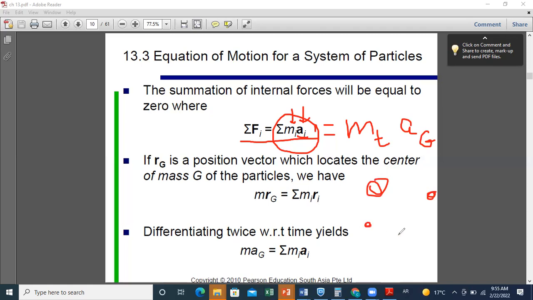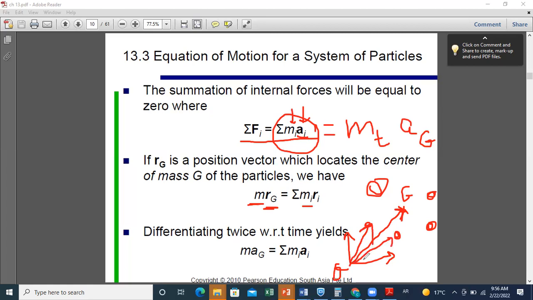So if I have several particles and I want to replace them by just one point, for this point to be representative of all of these particles, if I take a certain frame and I want to detect the position of G, which is the center of mass, I say that vector OG should be such that the total mass times vector OG is equal to the summation of the mass of each particle times its corresponding position vector.